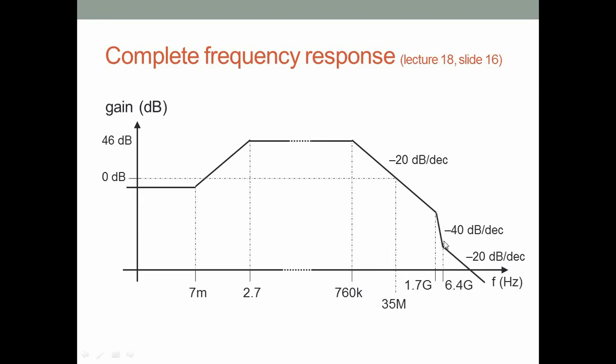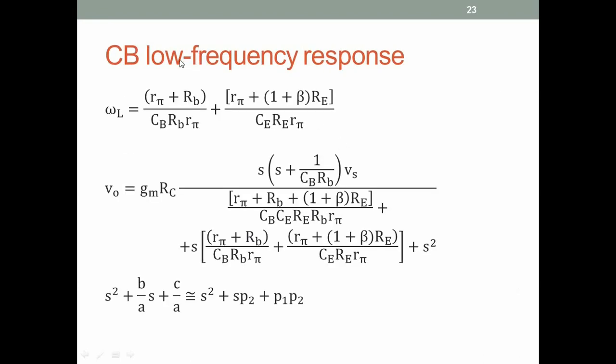Where is p2? Here. This one is p2. All right. And if there are n, then the short circuit time constant method will give me pn, the highest frequency. Similarly, for low frequency, the short circuit time constant method will give me this pn. The open circuit time constant method will give me this if it is the lowest, or whichever is the lowest frequency. So both can be applied on both sides, but of relevance is short circuit for the lower and open circuit for the upper. Alright, so now let's go back to our low frequency response.